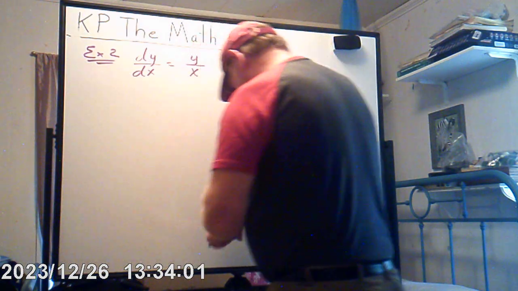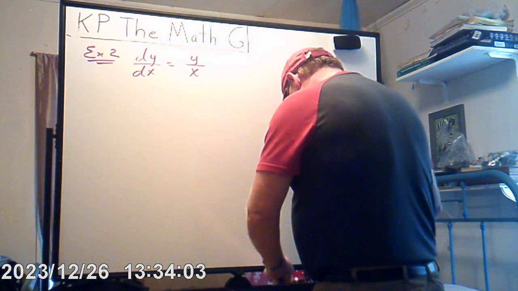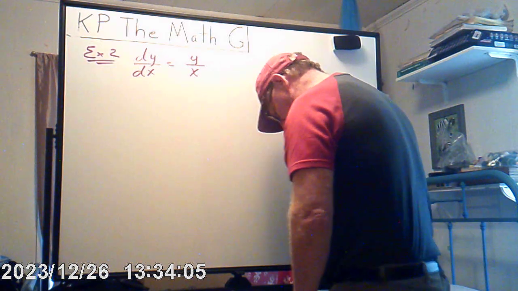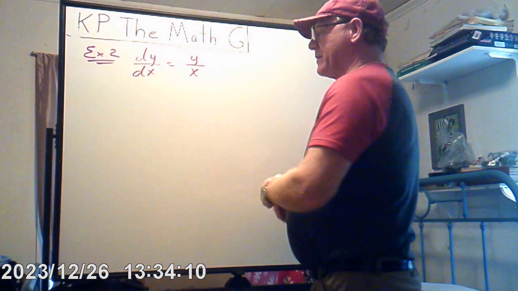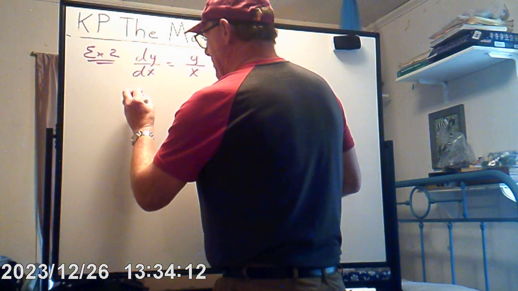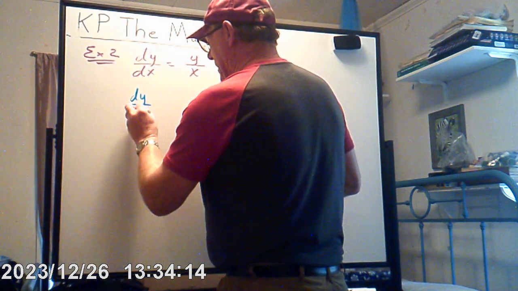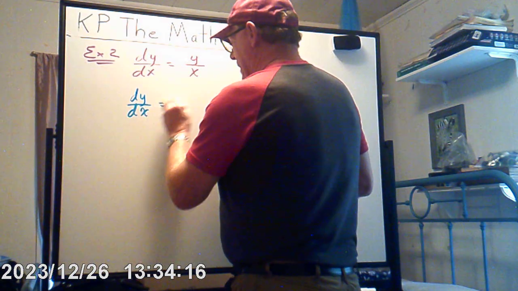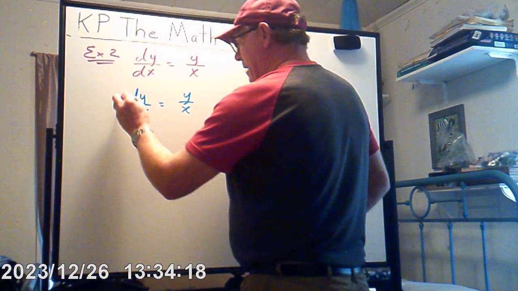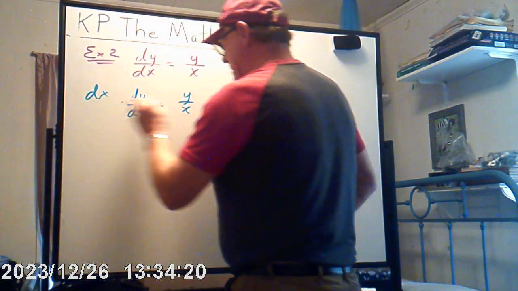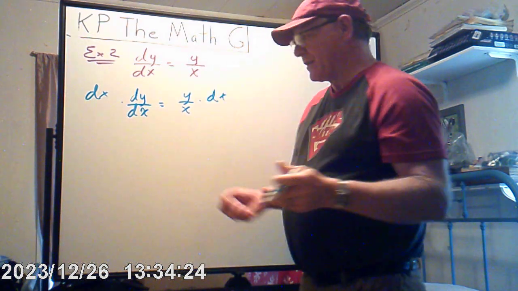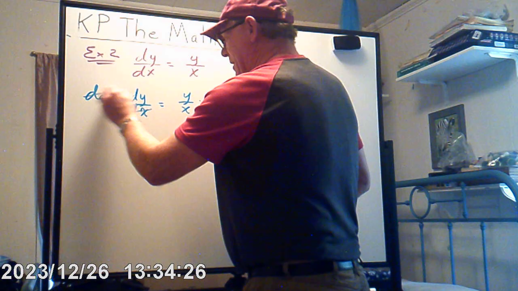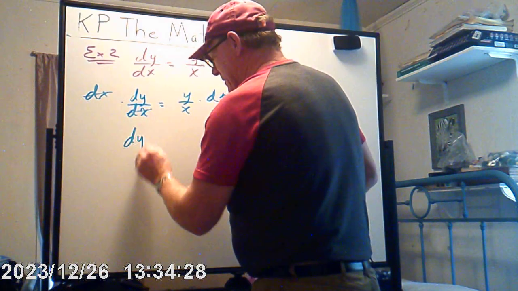Let me get a different color because I like to change up every now and then. Let's rewrite it down here. dy over dx is equal to y over x. Now we'll multiply both sides by dx. That's going to change a little bit because we're just going to be left with dy on this side.